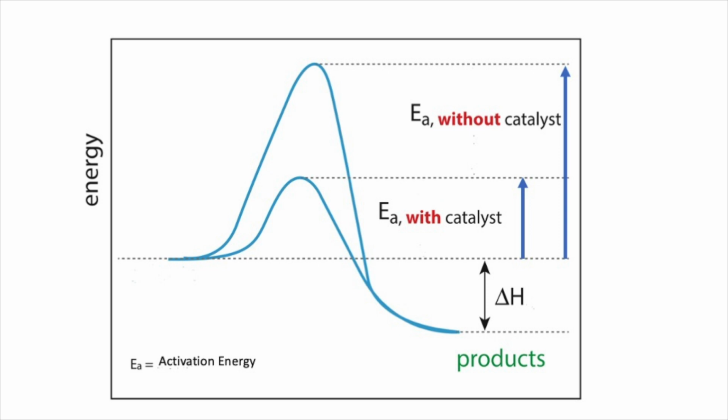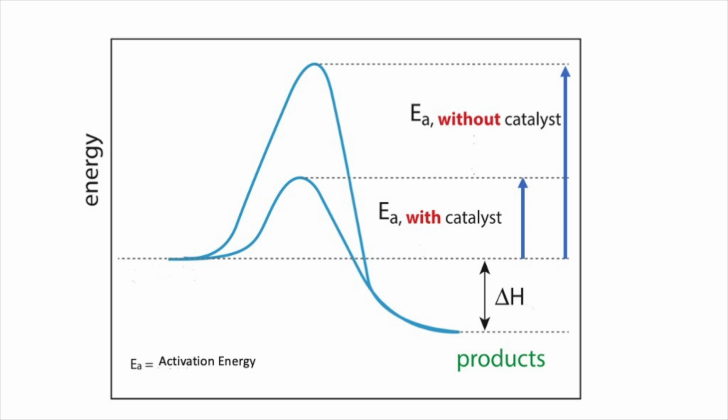Now we've learnt at both GCSE and AS level that a catalyst is a substance that speeds up the rate of a chemical reaction, and it does this by making the reaction go by a different reaction pathway or mechanism that has a lower activation energy. Activation energy is the amount of energy required for a reaction to start.